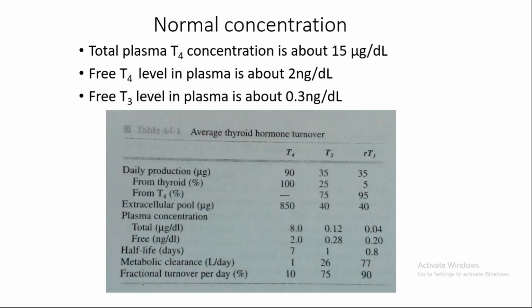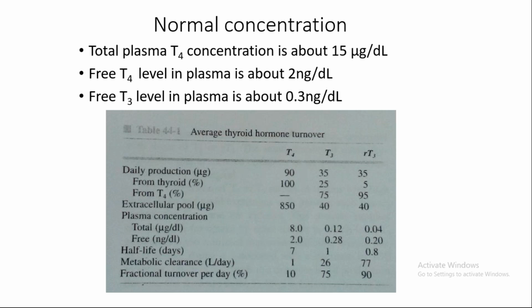The normal concentration of thyroid hormone in the plasma is about 15 microgram per deciliter. Free T4 level in the plasma is about 2 nanogram per deciliter. This is in nanogram, not in microgram. And free T3 level in plasma is about 0.3 nanogram per deciliter.